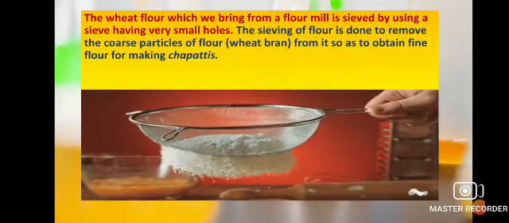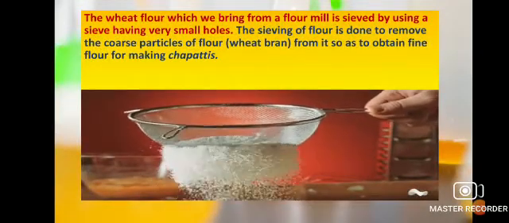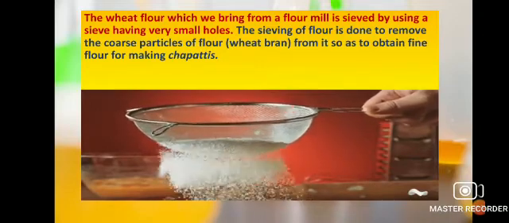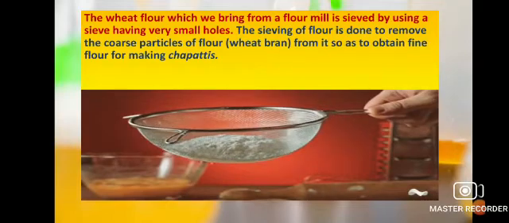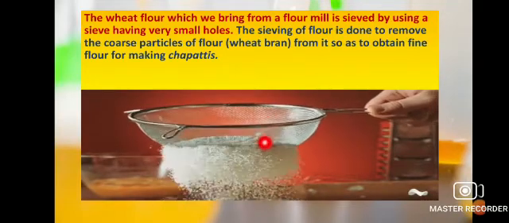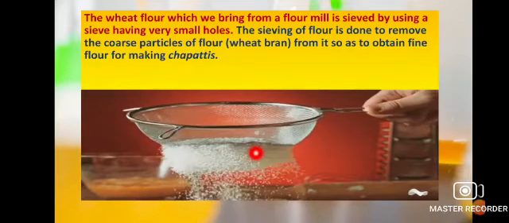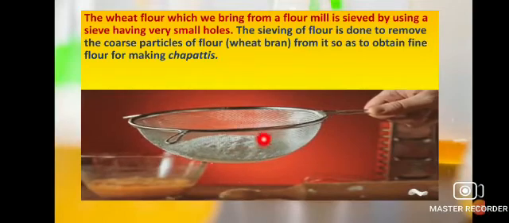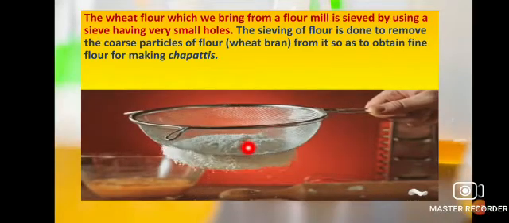As I said, the mixture having components of different sizes is put in the sieve, here you see, and then the sieve is moved back and forth continuously. Here you see the person moving the sieve, and the smaller particles pass down through the pores of the sieve, and the larger particles are left behind. Understood?